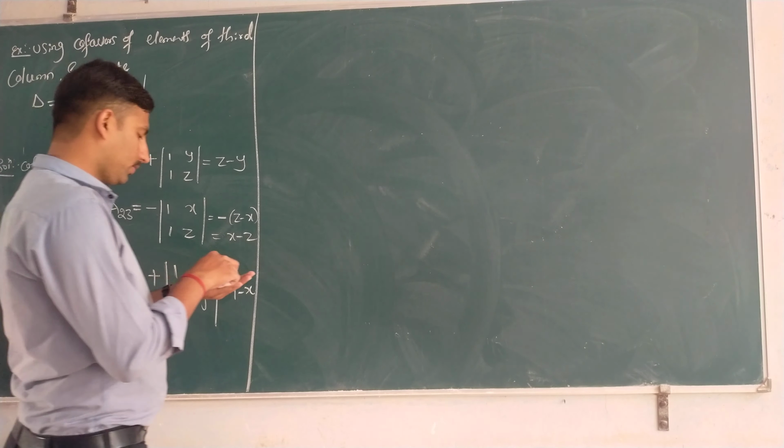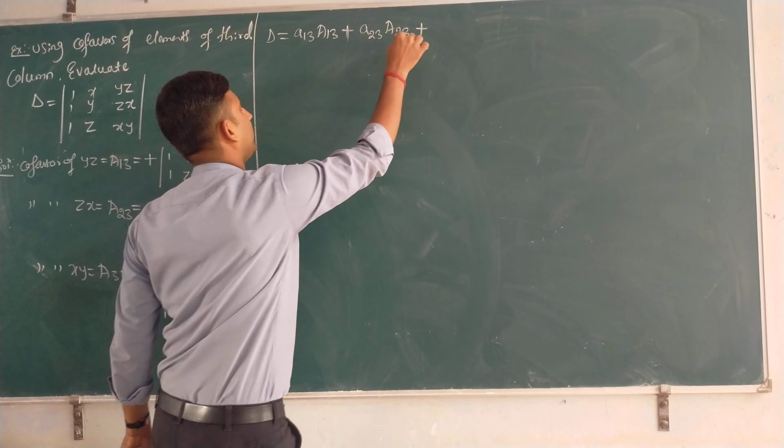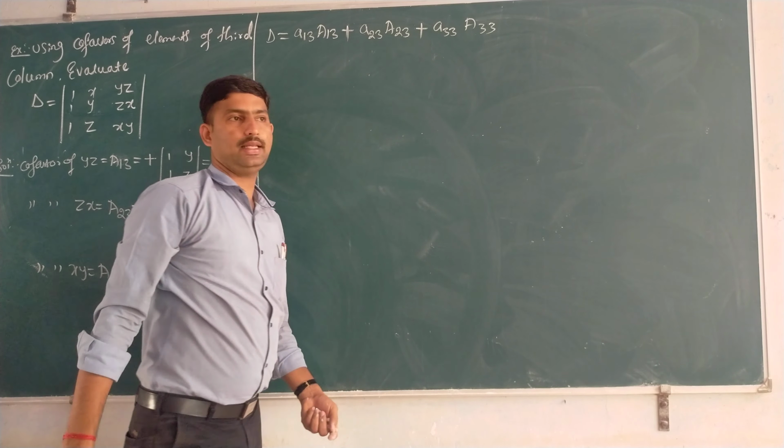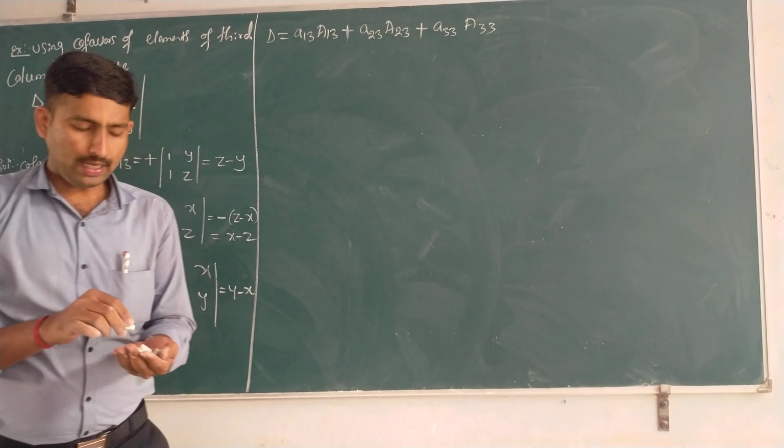Now delta is equal to small a13 into capital A13 plus small a23 into capital A23 plus small a33 into capital A33.